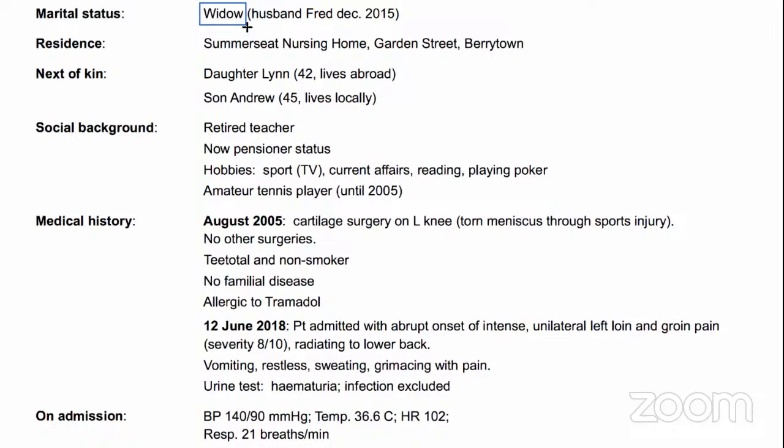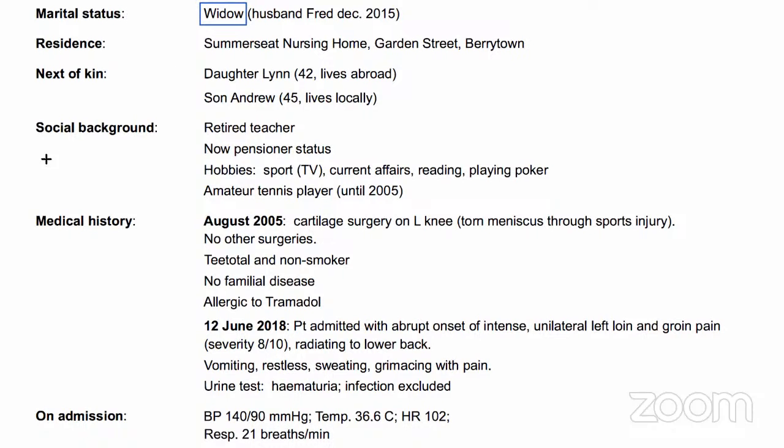Husband, Fred, passed away December 2015. Okay. So, residence. Her residence, she stays at Somerset Nursing Home, Garden Street, Berry Town. This is her residence. Right.